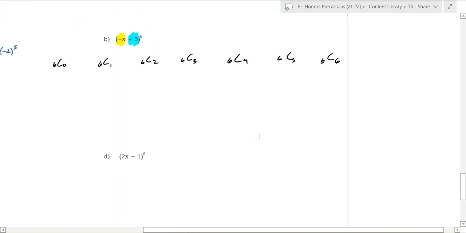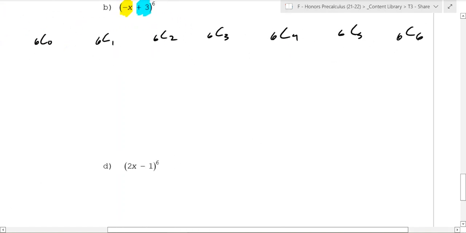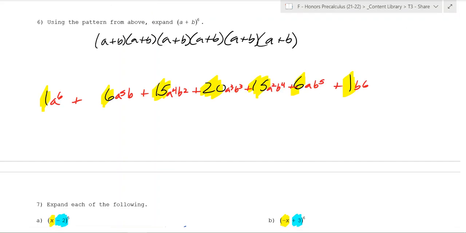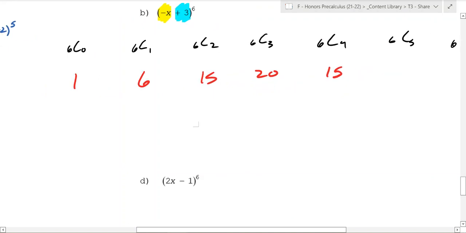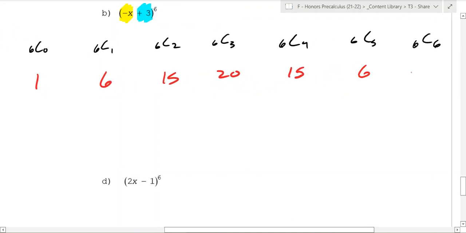You can write these out first. That's what I like to do. If you write out these coefficients first, you end up with the same coefficients we had before: 1, 6, 15, 20, and then it goes back down again, 15, 6, and 1.